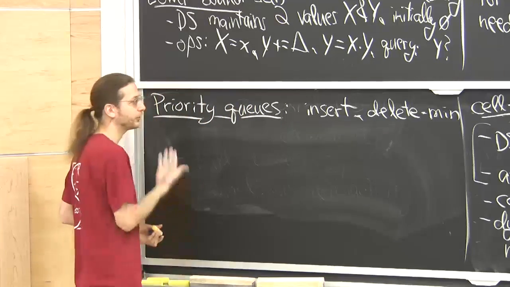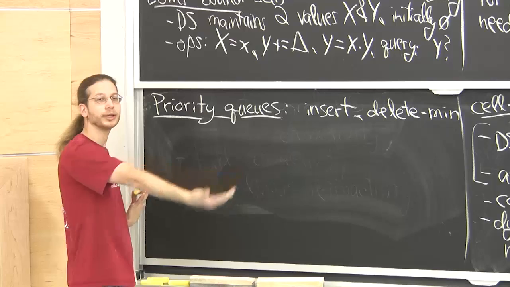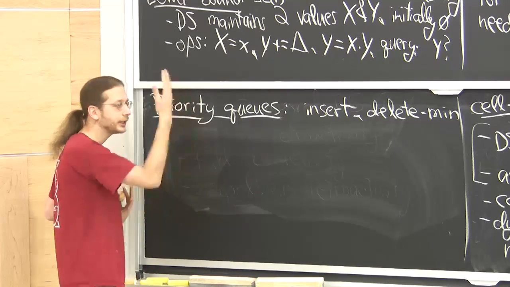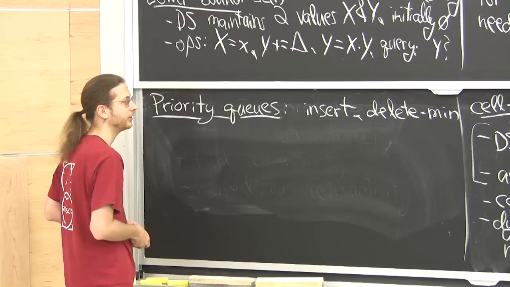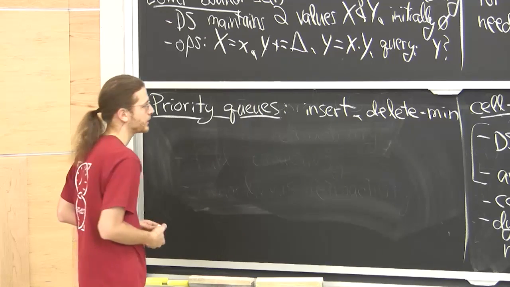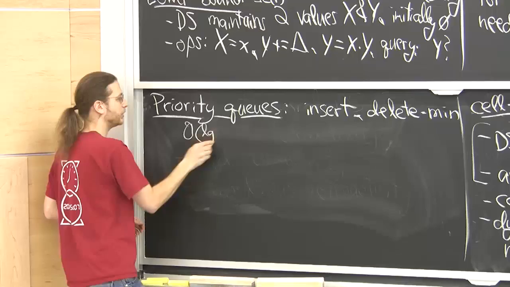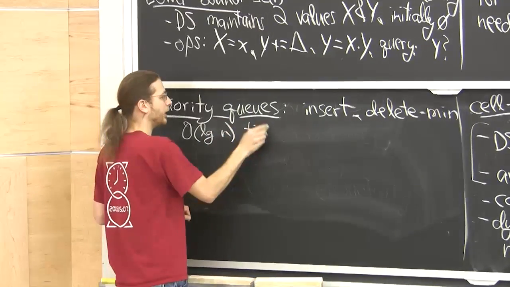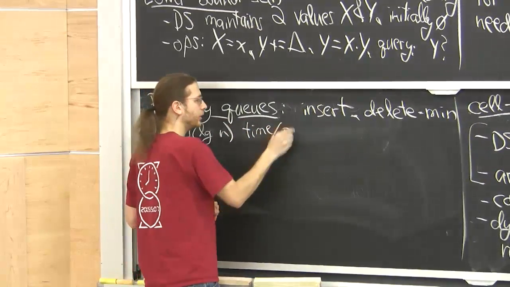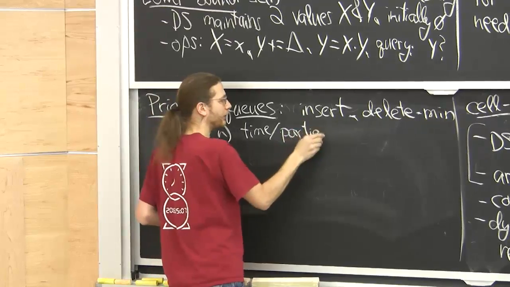So if I insert something early on, it can change every delete-min that happens thereafter and completely change what happens at the end of the data structure. So the claim is we can solve this with log n time per operation per partially retroactive operation.